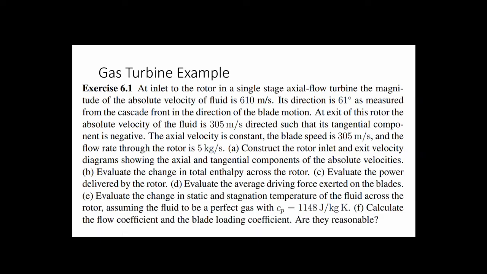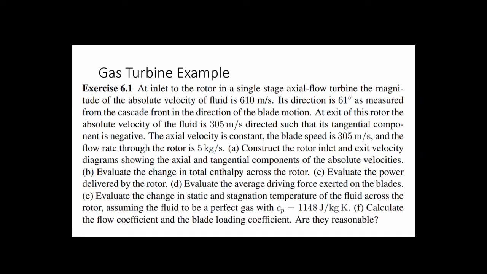A. Construct the rotor inlet and exit velocity diagrams showing the axial and tangential components of the absolute velocity. B. Evaluate the change in total enthalpy across the rotor. C. Evaluate the power delivered by the rotor. D. Evaluate the average driving force exerted on the blades.